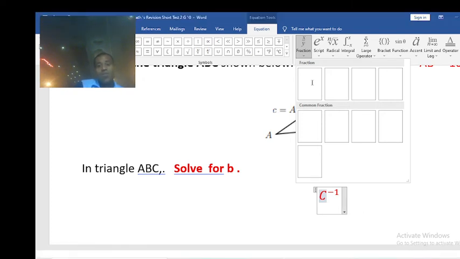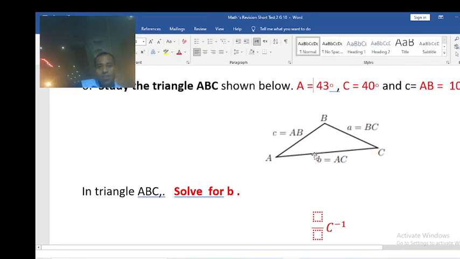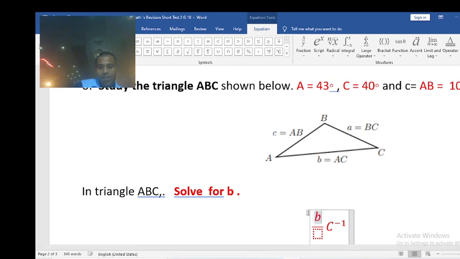So this revision, learners, is done only for your sake. I will write here B divided by sine of B should be equal to another fraction.